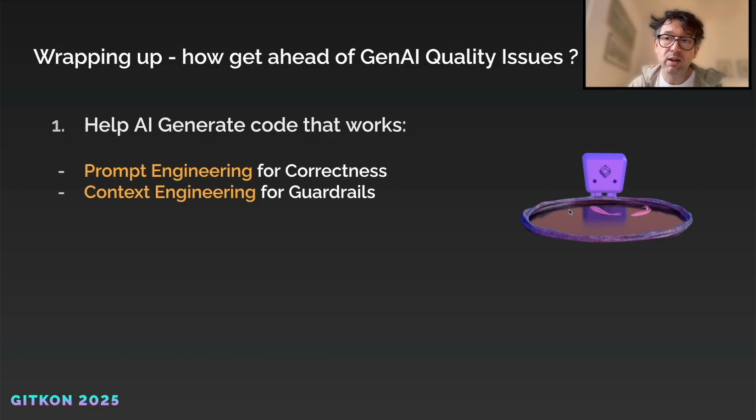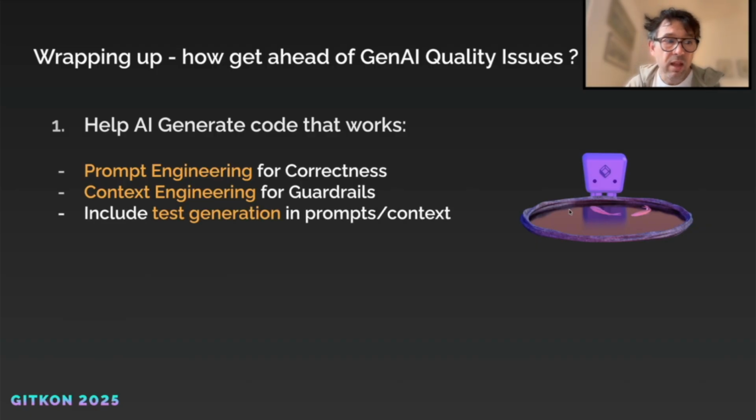So that's a good start. But there are also tools out there that help you specifically around context engineering to aggregate context from your existing code base. And then finally, including test generation in your prompts and context is super important as well.